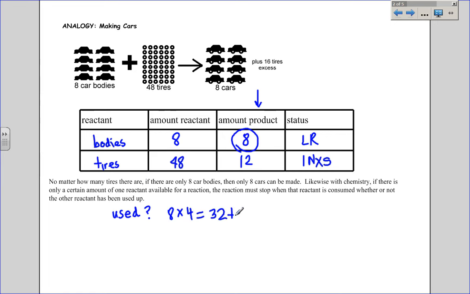So we have used 32 tires in the process. So what is left over? The excess is 48 minus 32. So therefore, we have 16 tires left over.